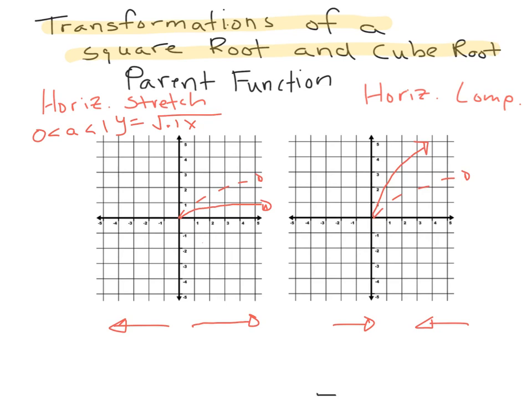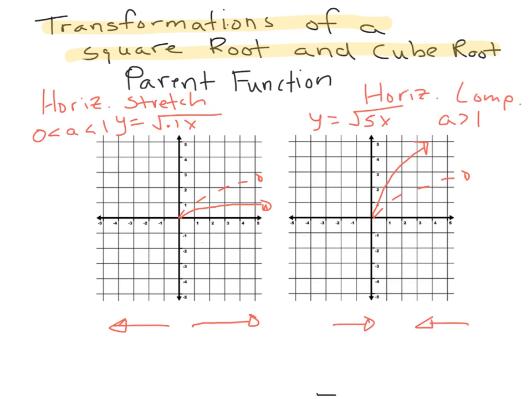And so you would have y is equal to the square root of, I think a noticeable change, you could probably do like a 5. And I think you would probably see a really good horizontal compression. And so remember, that's when you have an A value that is greater than 1. And so there you go. Those are the horizontal compressions and horizontal stretches of a square root.